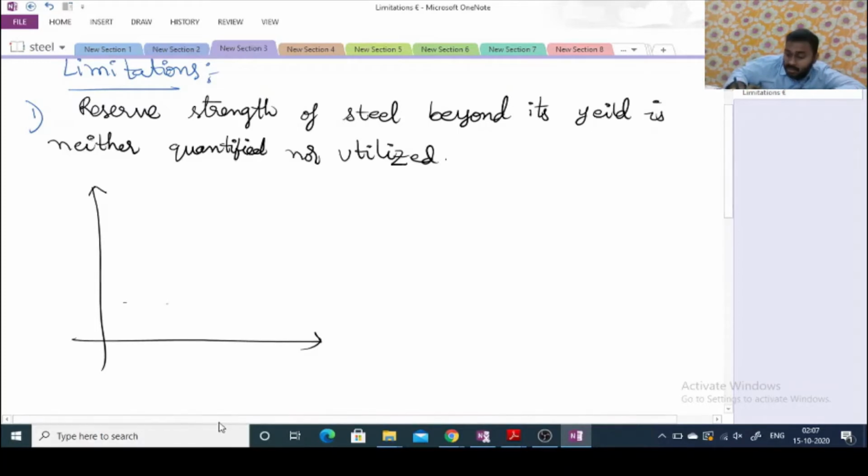For this stress strain curve, on the x-axis we represent strain, and on the y-axis we represent stress, small f, and the graph will be somewhat like this.